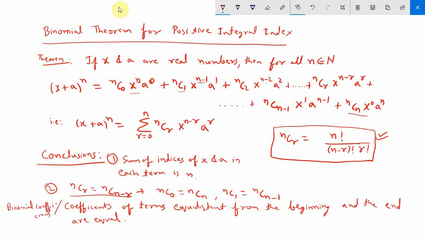Next we can see, okay, we will clean here, then we will write. Third conclusion: we know (x plus a) to the power n is equal to the summation of r equal to 0 to n, nCr x to the power n minus r into a to the power r.